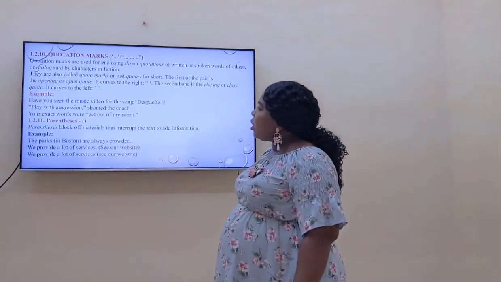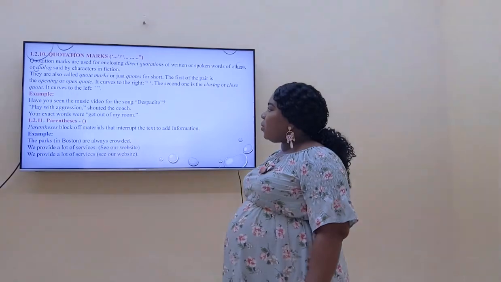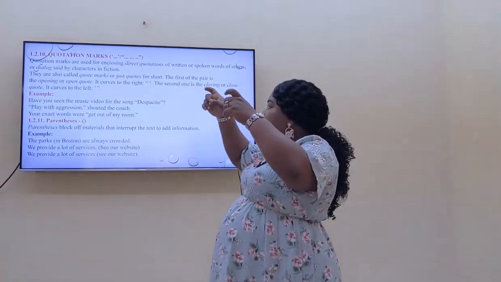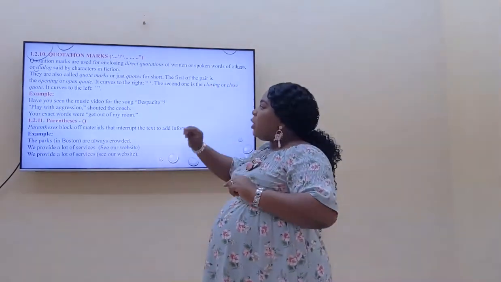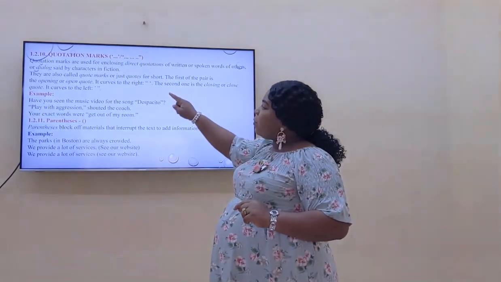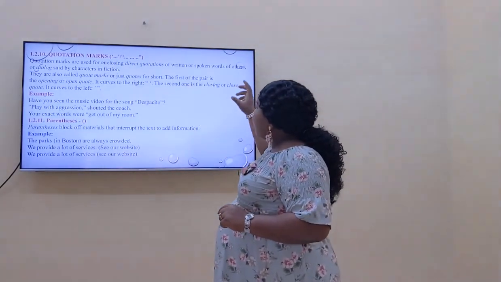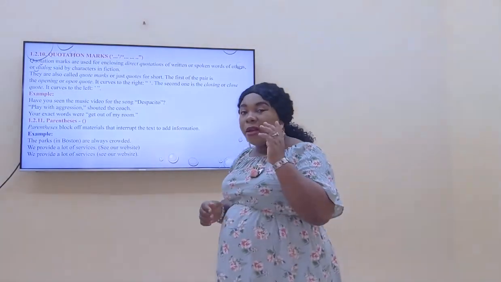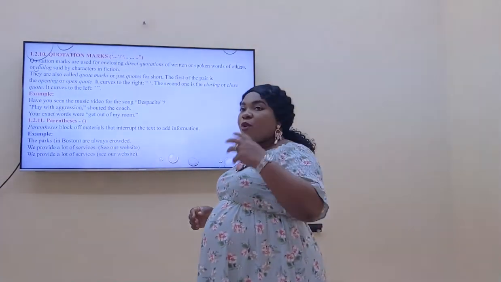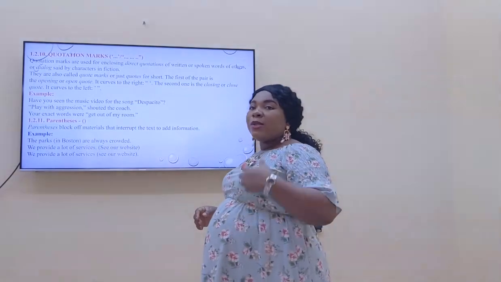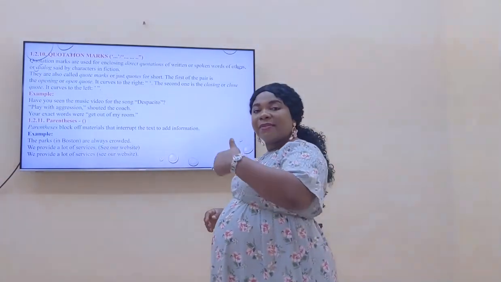The next one is quotation marks. Quotation mark is the one where you have the two commas up there. So what is that? Quotation marks are used for enclosing direct quotations of written or spoken words of others. Remember, you are trying to report or to say what others have said.